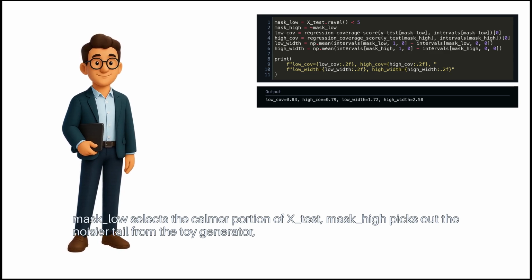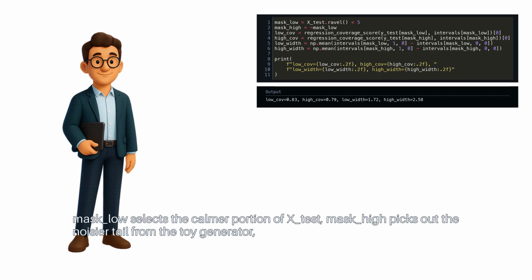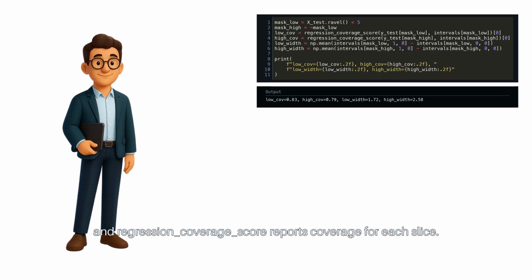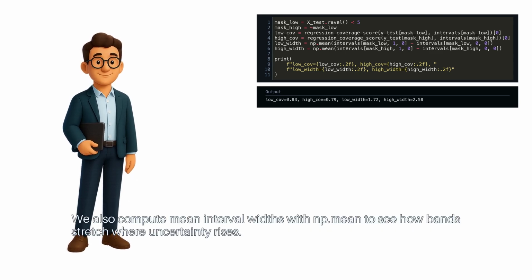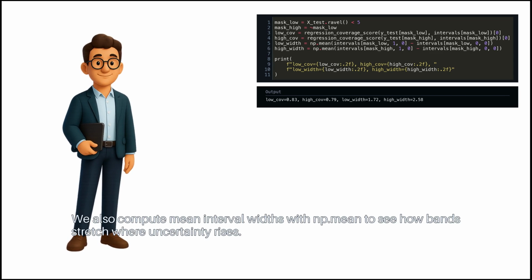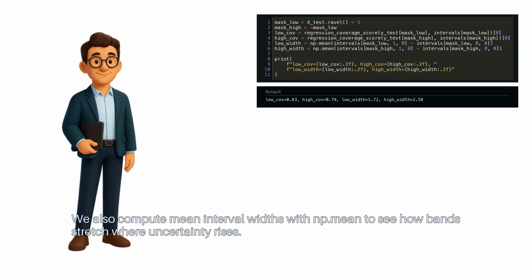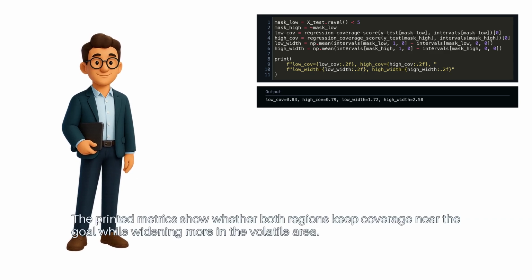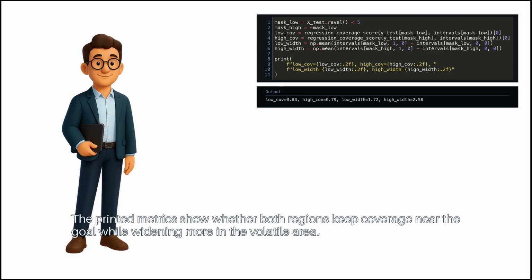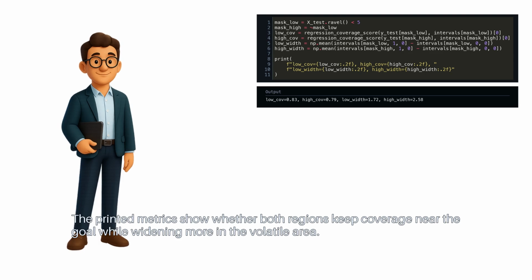Mask high picks out the noisier tail from the toy generator. And regression coverage score reports coverage for each slice. We also compute mean interval widths with np.mean to see how bands stretch where uncertainty rises. The printed metrics show whether both regions keep coverage near the goal while widening more in the volatile area.